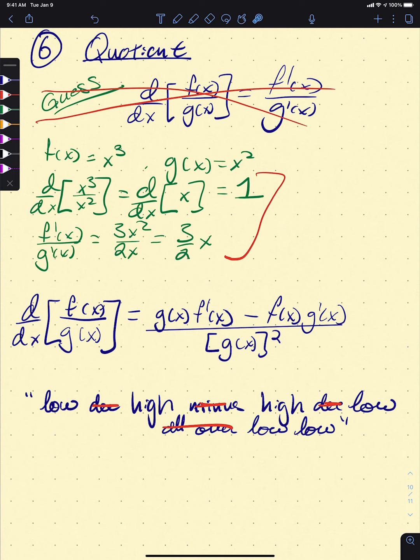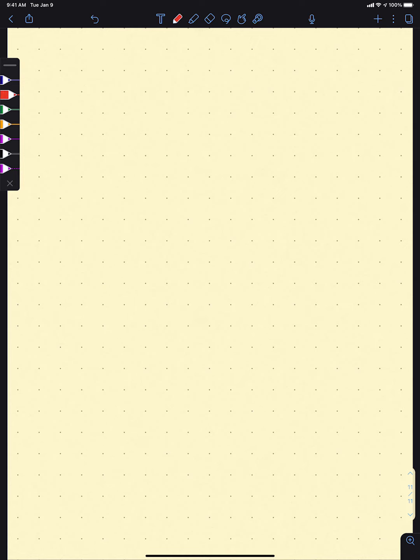Okay, so wild math stories aside, let's do an example of this. Let's say we're trying to find the derivative of something like x over 2x minus 4. This is our high, this is our low, right?